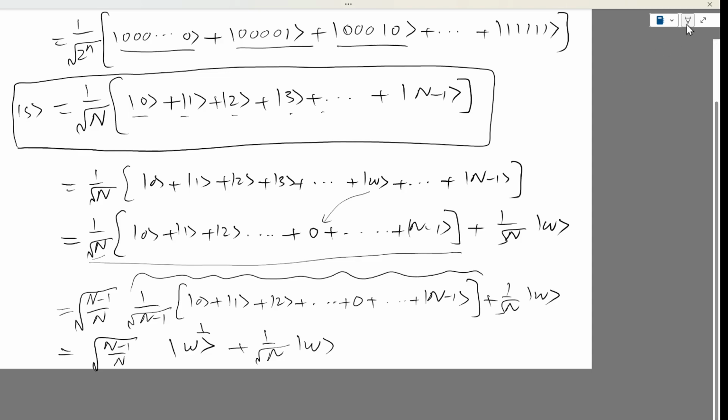So this means that we have been able to write our initial state, our superposition state S, as a superposition of two normalized states like this.